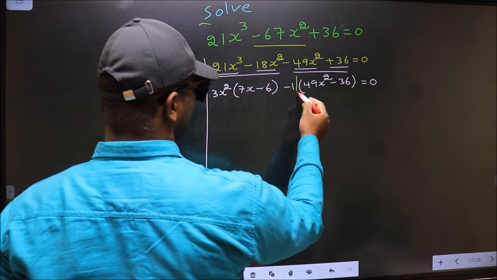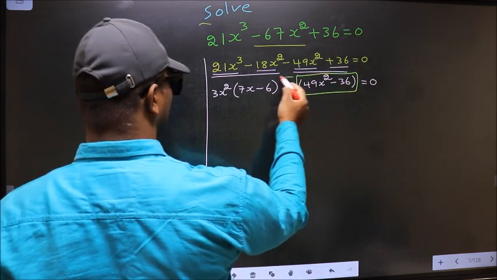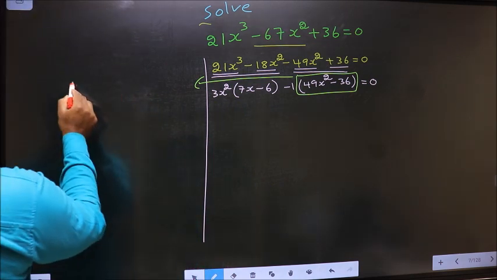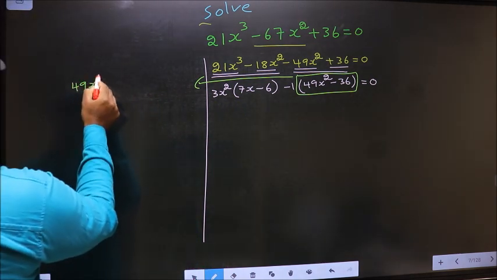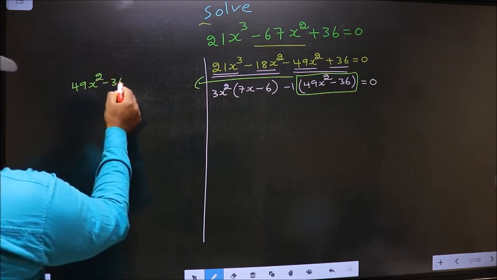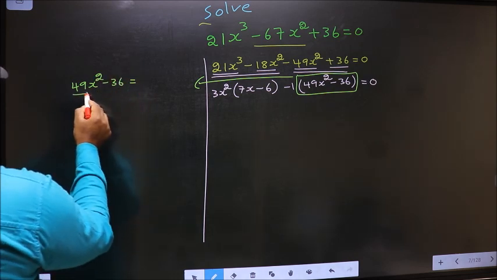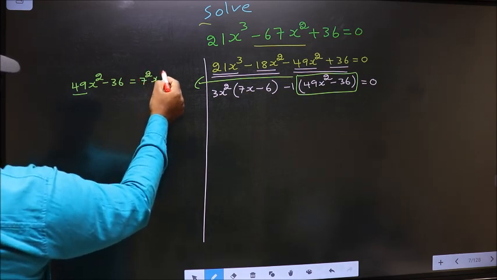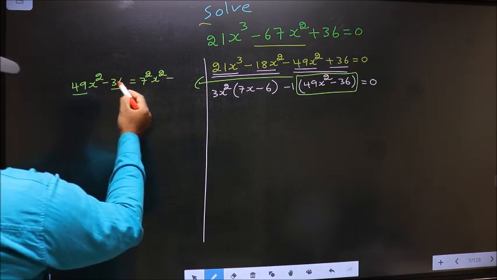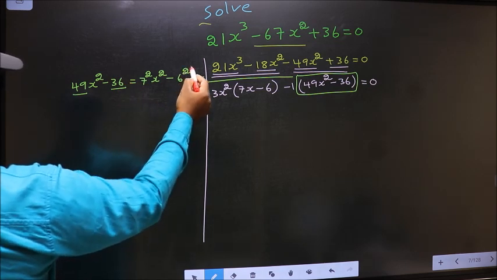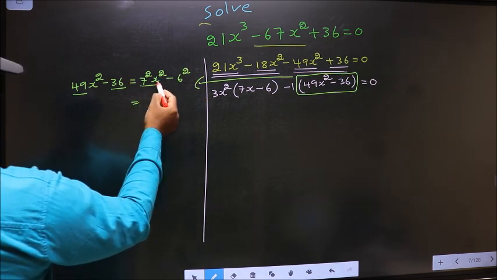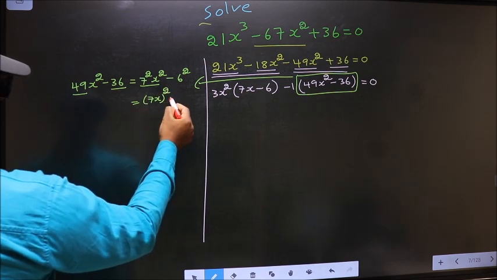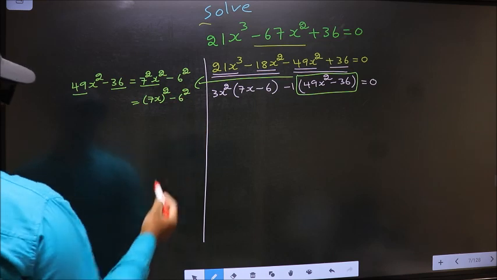Now this quadratic, I will factorize it here or simplify, that is 49x square minus 36 equal to, in place of 49 now you write 7 square x square minus, in place of 36 now you write 6 square. So 7 square x square can be written as 7x whole square minus 6 square.